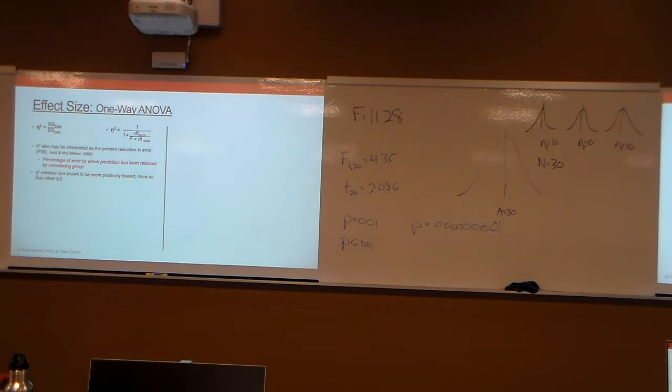But eta squared can't be negative, right? So our sum of squares treatment is never going to be 0. It's always going to be some number that's greater than 0, right? And so the calculation is always going to be positively biased. Remember, our eta squared is capturing not just the systematic effect of condition or treatment, it's also capitalizing on some random error.